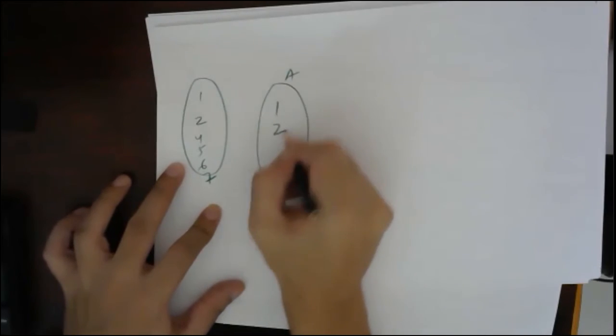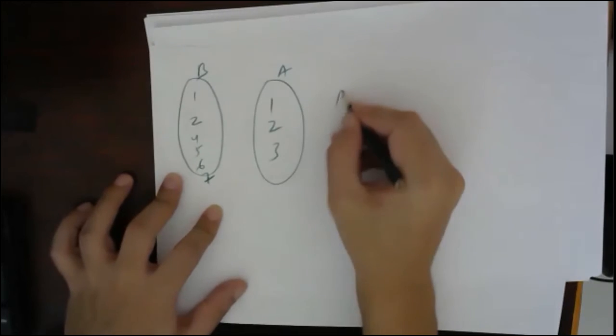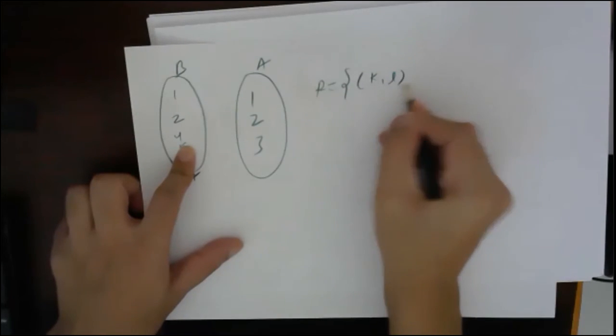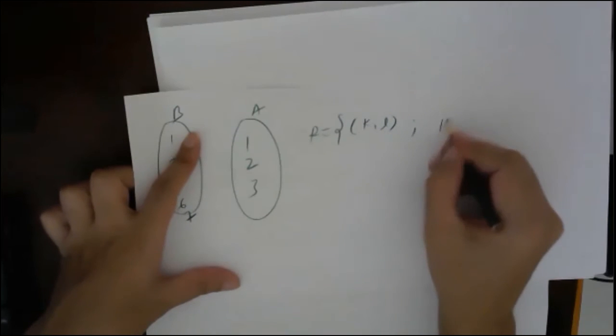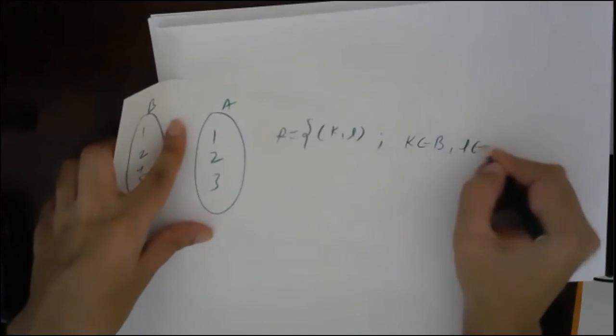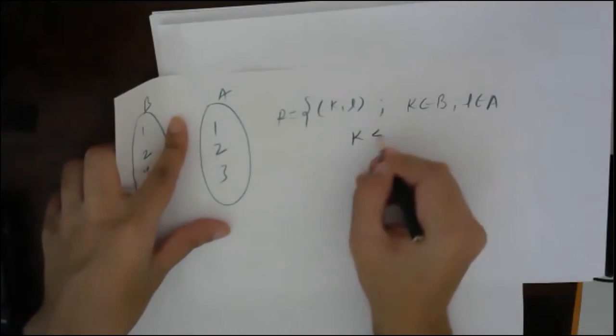And the relation is defined as (K, L) such that K belongs to B and L belongs to A such that K is less than or equal to L.